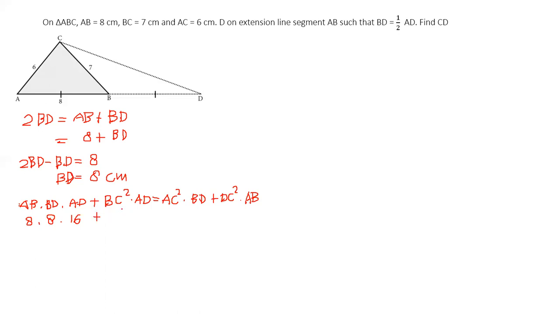BC is 7 squared. AD is 16. AC equals 6. BD is 8. DC squared. AB equals 8.